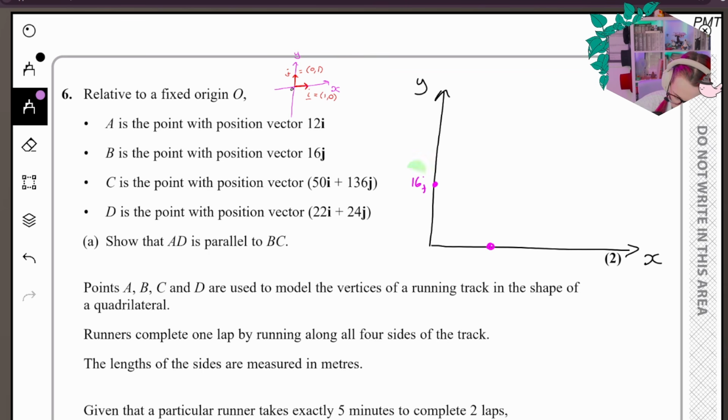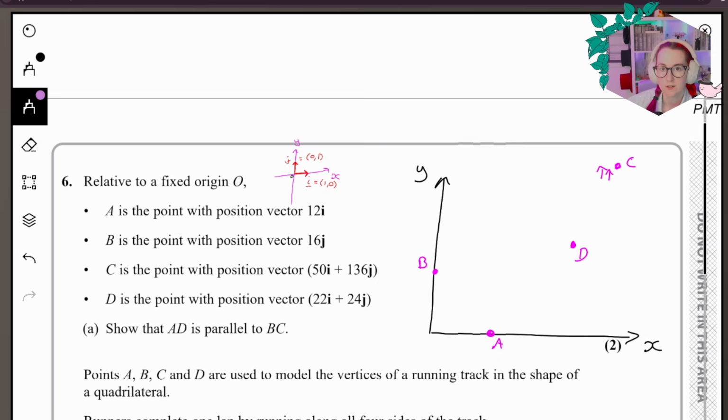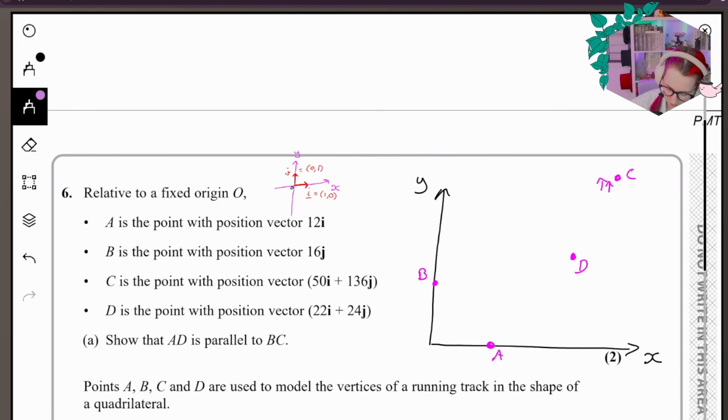Actually, let's label these A, B, C, D. And D is 22, 24, so double and double. But C should be all the way off the page, really. It should be all the way up here and really far away.